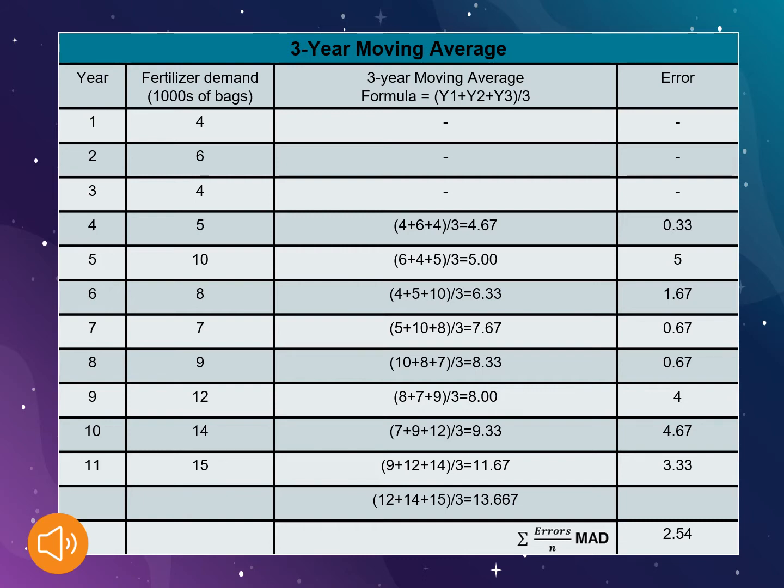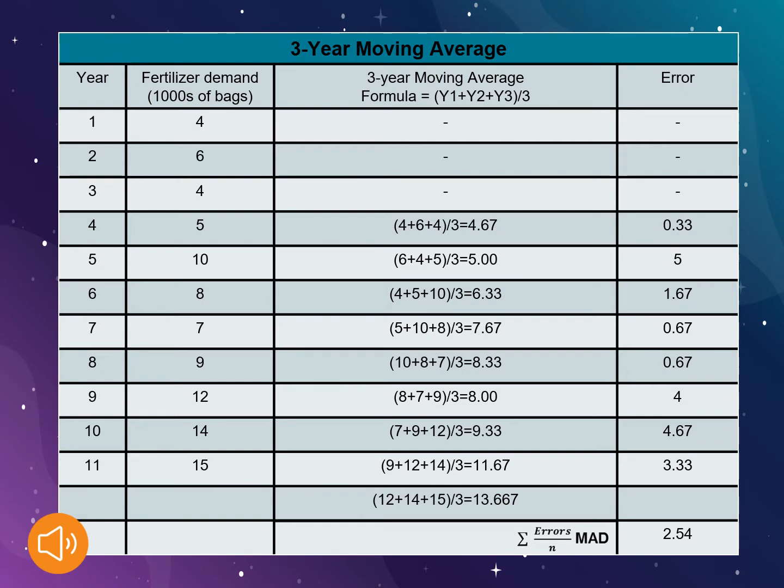That is why we are starting at year 4. For year 4, we added the 4,000, 6,000, and 4,000 data from years 1, 2, and 3, and then divided by 3 because this is averaging.